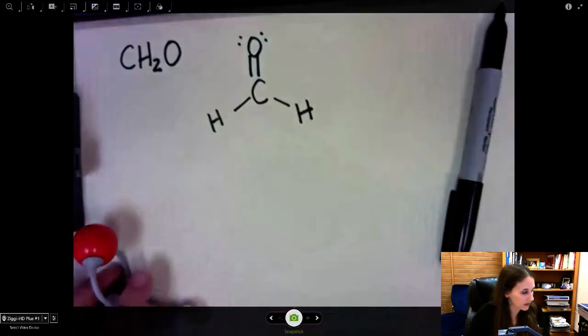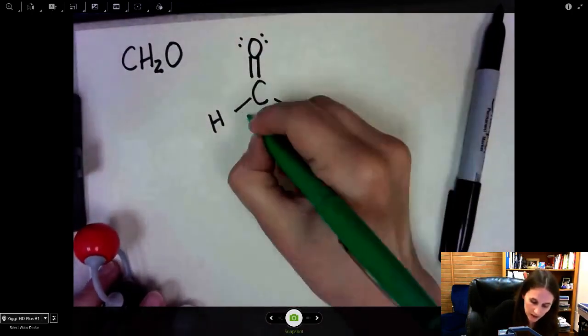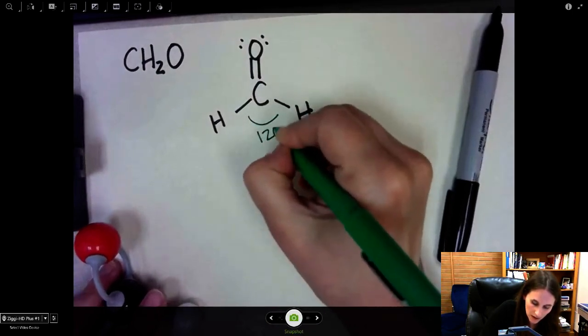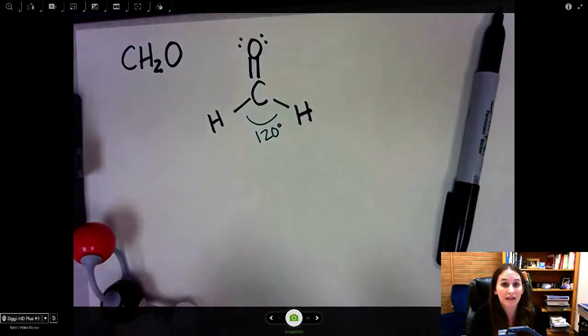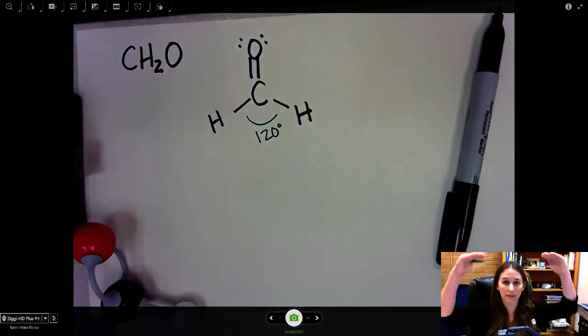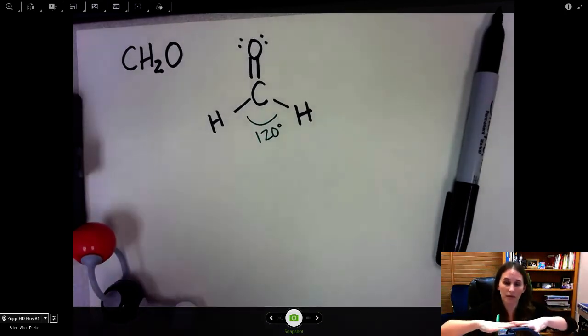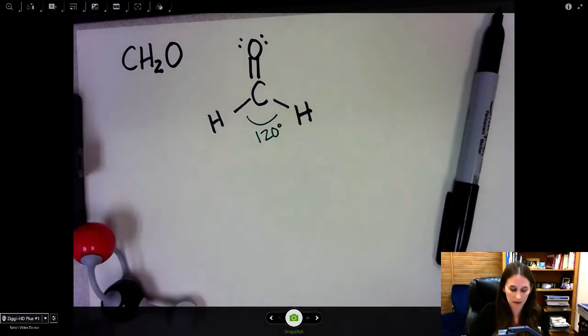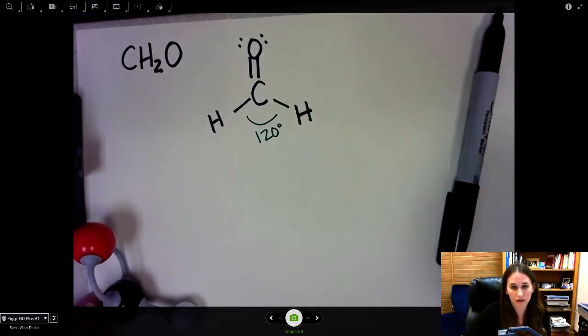And the bond angle that we see here is actually quite a bit larger than the other ones. This is 120 degrees. They get a lot of space because they're not going up into space or down. They can be in this flat plane, so farther apart from each other due to that lack of lone pair.